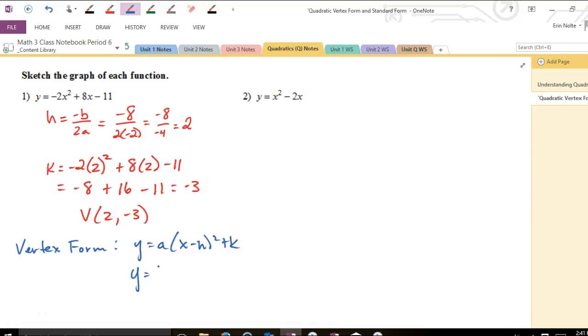Where's a? It's negative 2. This a that's in front of the x squared is the exact same a as in the vertex form. They're the same a, so I can just steal it. Negative 2. What goes next? x minus what? 2, x minus 2 squared. And then what's my plus k? Negative 3. Say minus, not negative, because negative implies multiplication.